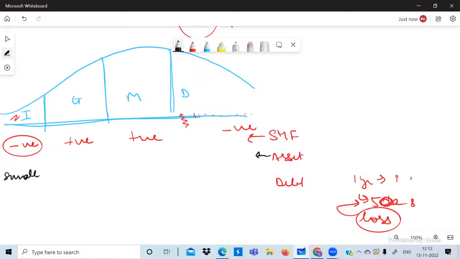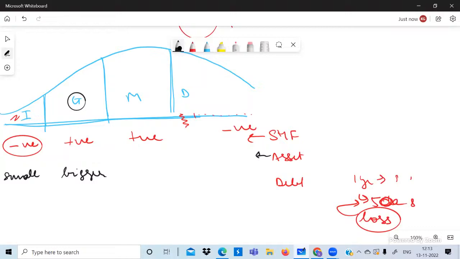Slowly, when you move to the growth stage, again, because you're growing, your asset base will increase, it will go up. So it will be a bigger number, but the growth rate will slow down. So you'll not be expanding your asset base at 100, 200, 300% year on year, but it could be expanding at, let's say, 40, 50, 60% year on year.